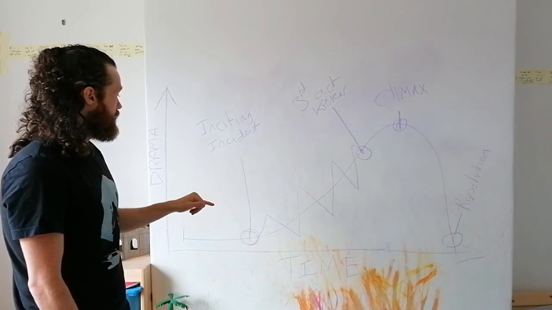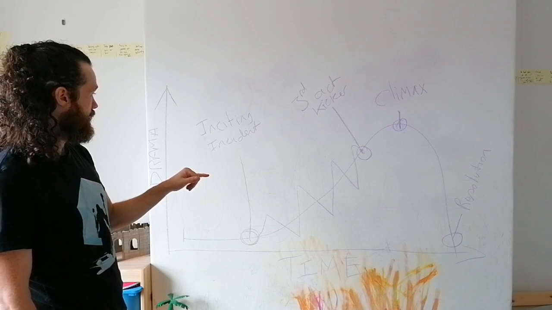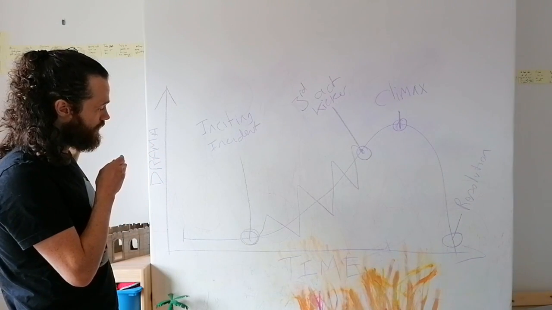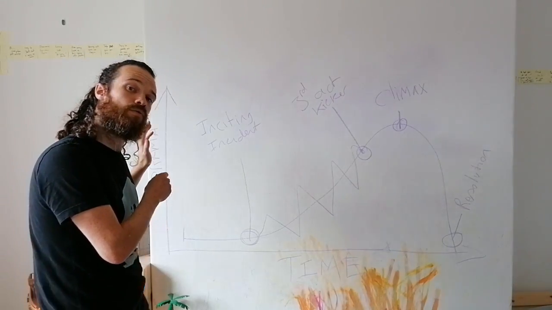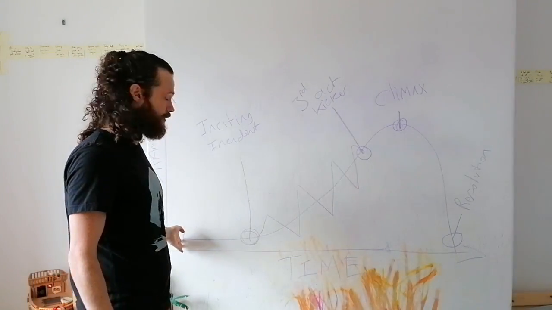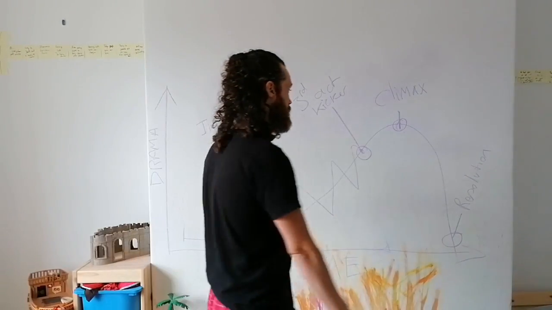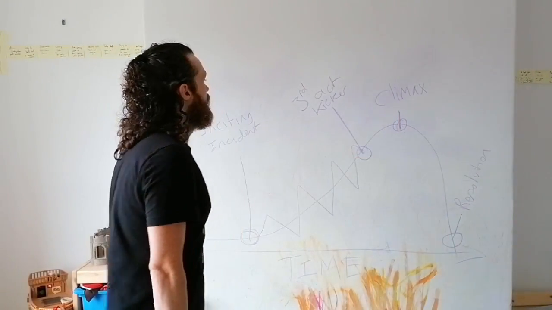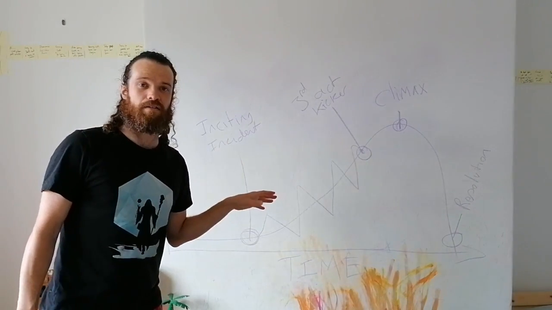Now at these points, the character will have undergone some sort of change from the beginning, where we had the establishing, to the resolution at the end. They've been on this huge journey, and they're no longer the same character that they were.